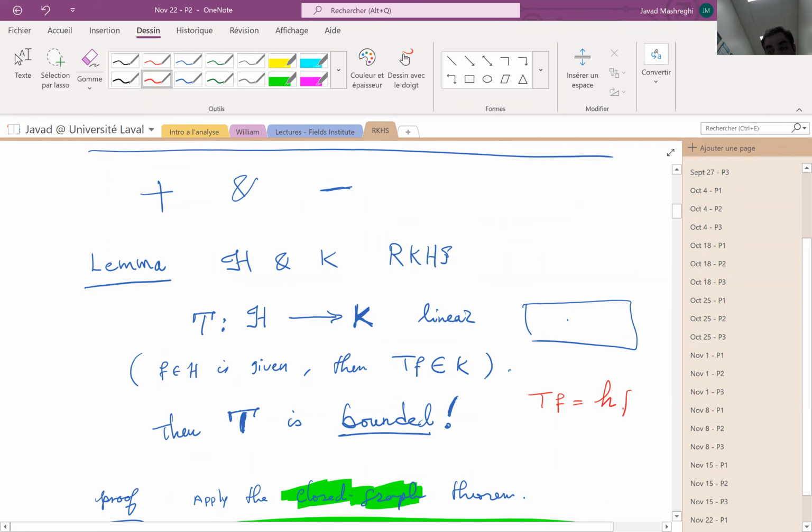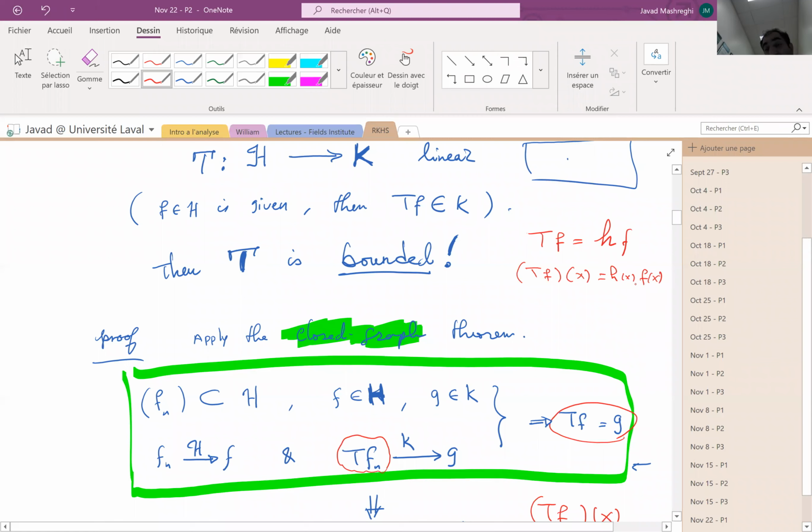And I can apply the closed graph theorem in the following sense. If Fn goes to f and TFn goes to g, then here I can say that Fn of x goes to f of x. What can I say about TFn of x?